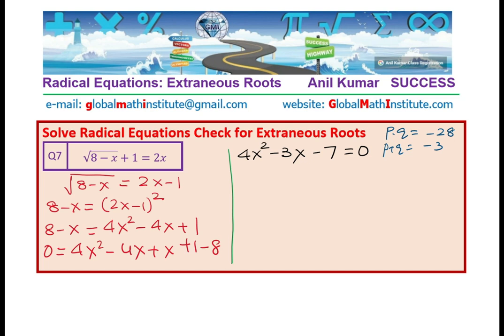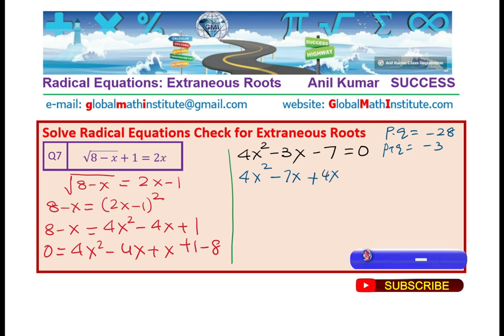So 7 and 4 works for us. So we'll split this into 7 and 4. We can rewrite this as 4x squared minus 7x plus 4x, so that will give me minus 3x, and then we have minus 7 equals 0.